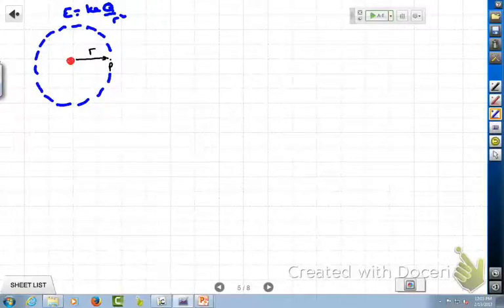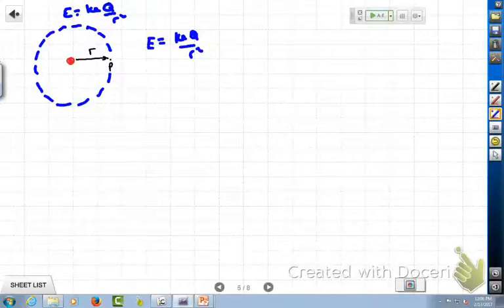I've got to be careful because I'm trying to derive the thing I'm more practiced in using. So what I'm going to say is that my electric field is equal to KEQ over R squared.